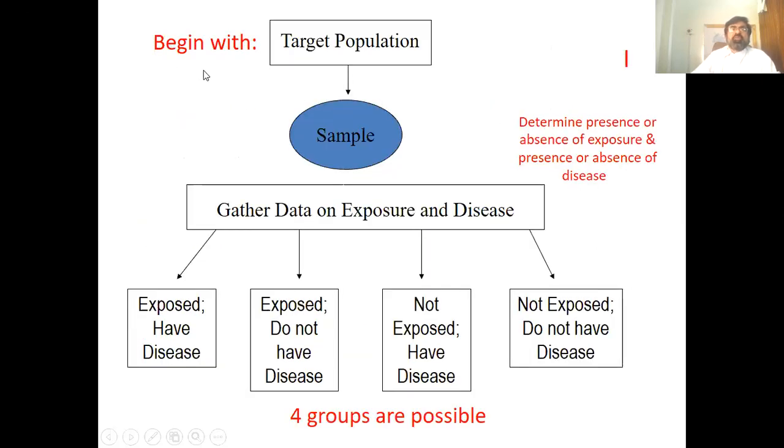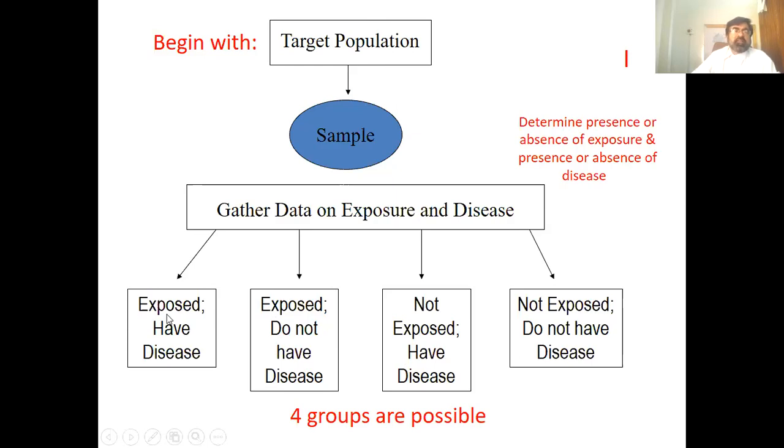So what you have to do is begin with the target population where you want to generalize your results, and then you take a sample, and from the sample you gather data on exposure and disease. There are possibly 4 groups that you may have in your study.